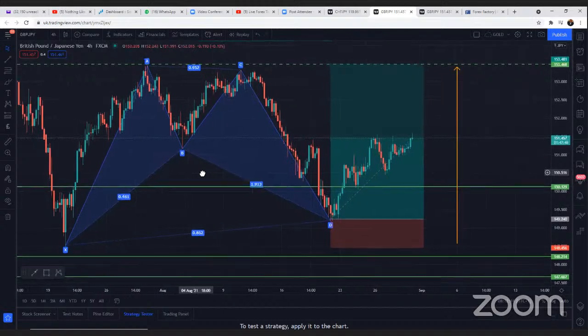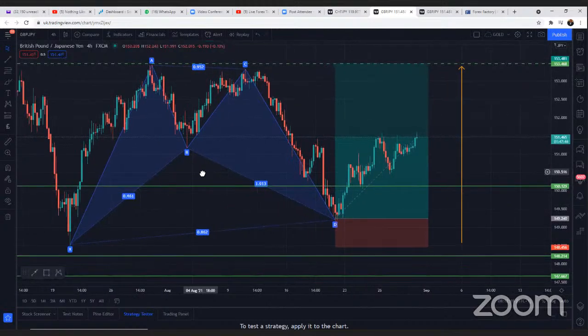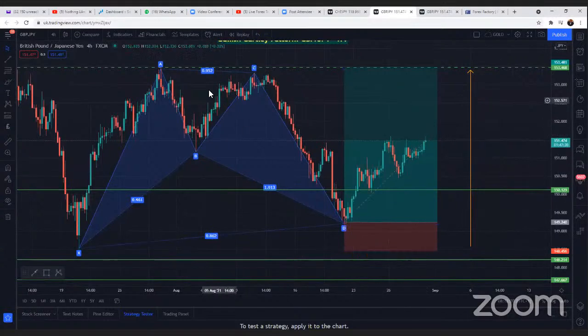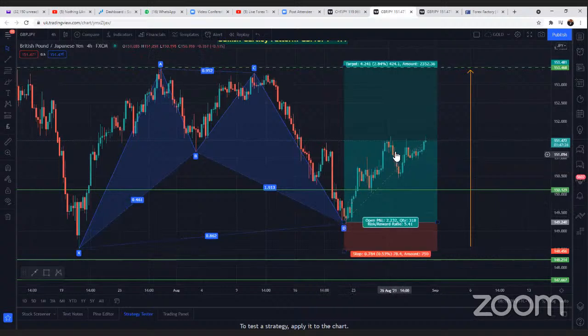Because I tend to draw most of my harmonic patterns on the 4-hour time frame, it means that it could take some weeks for the whole trade to play out before it hits TP.